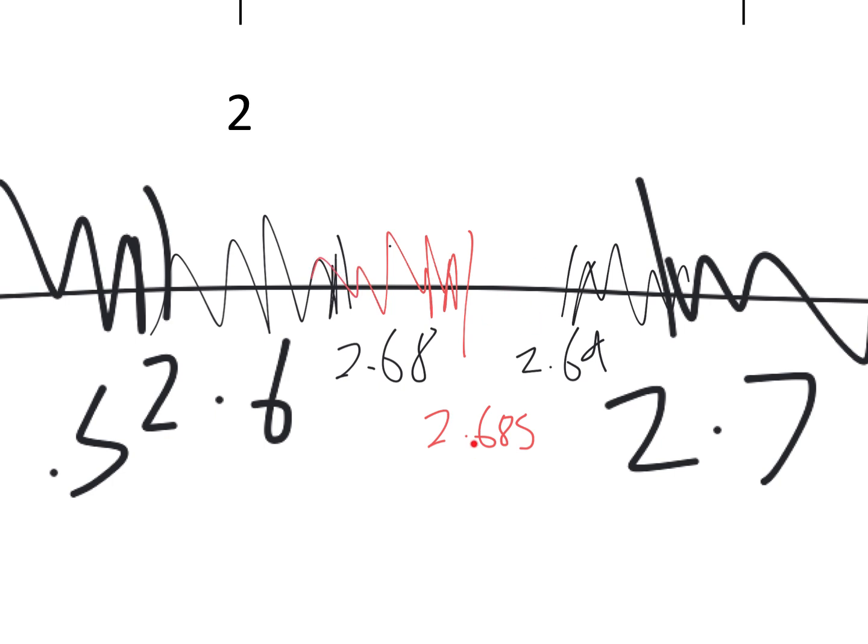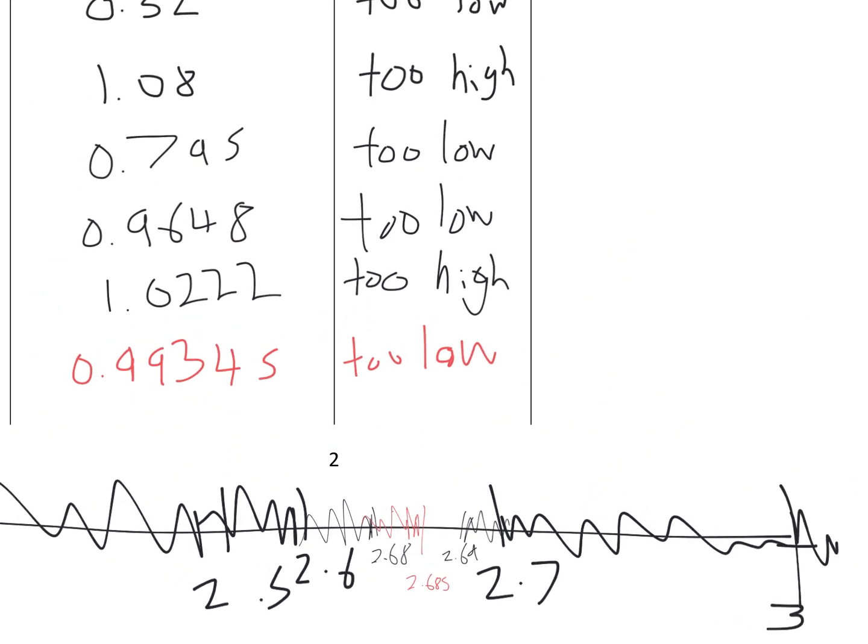Anything in here, a number bigger than 2.685, is going to round up to 2.69 if you're rounding to 2dp. And we can't go bigger than 2.69 because we know the answer is smaller than 2.69. So the exact answer is somewhere in here, and it would always round up to 2.69 to 2dp.